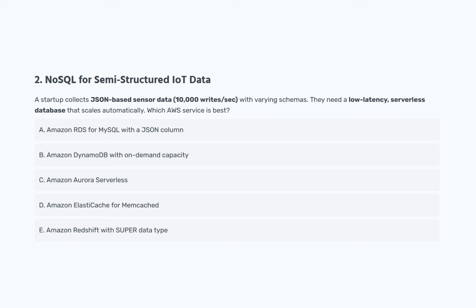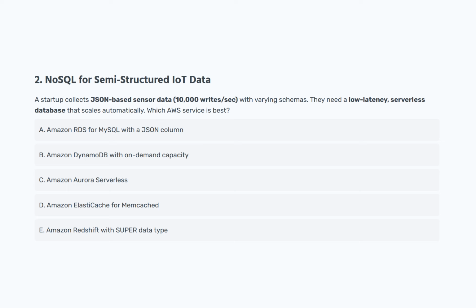So we're just going to forget about SQL-based, so RDS. This is definitely NoSQL. So we're possibly going to forget about SQL.